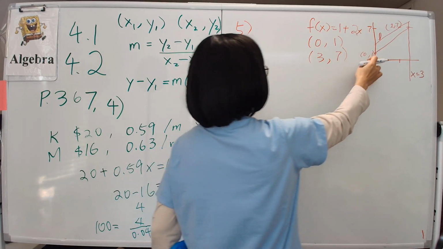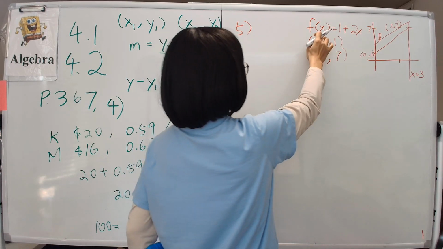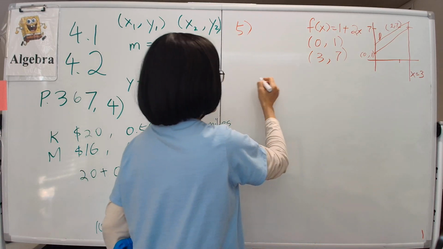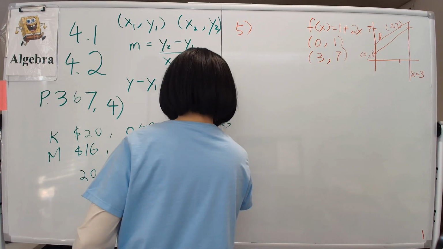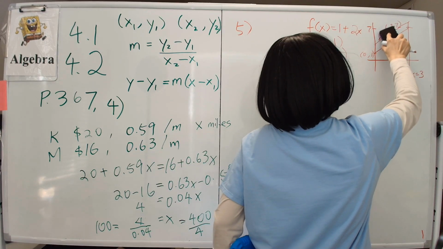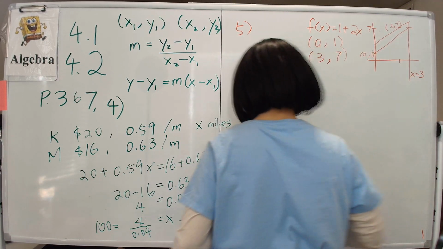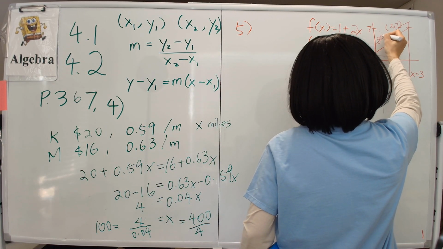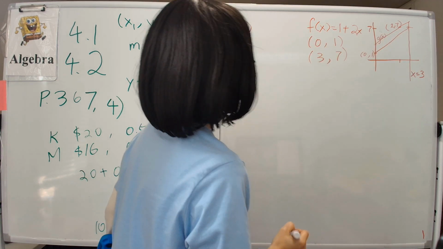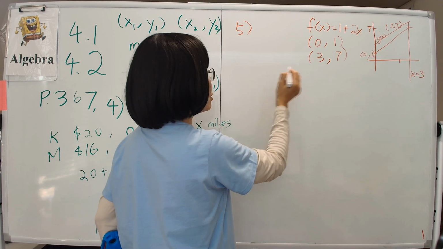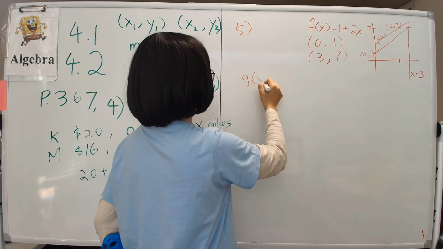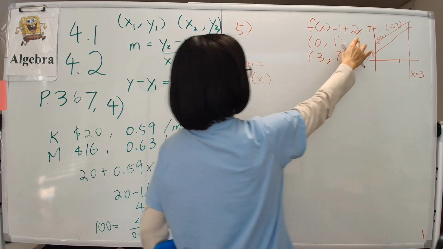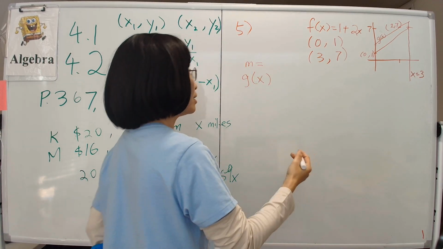So that line being parallel to f, it has the same slope as f. And so the slope of f, of course, is equal to 2. Okay, so the line, I guess we'll call it g would be better. Let's call it g and not L, especially since my L doesn't look the best. So let's call this line g of x. Okay, so g of x has slope m, so m equals 2, because it's parallel to f of x, and parallel lines have the same slope.